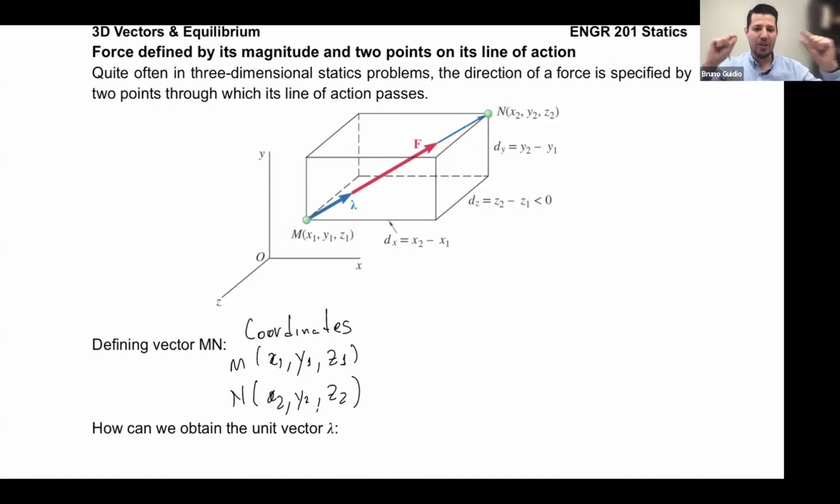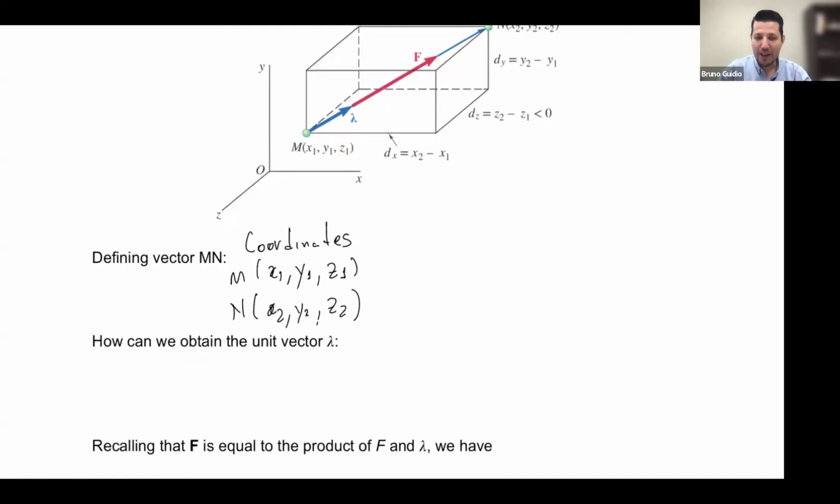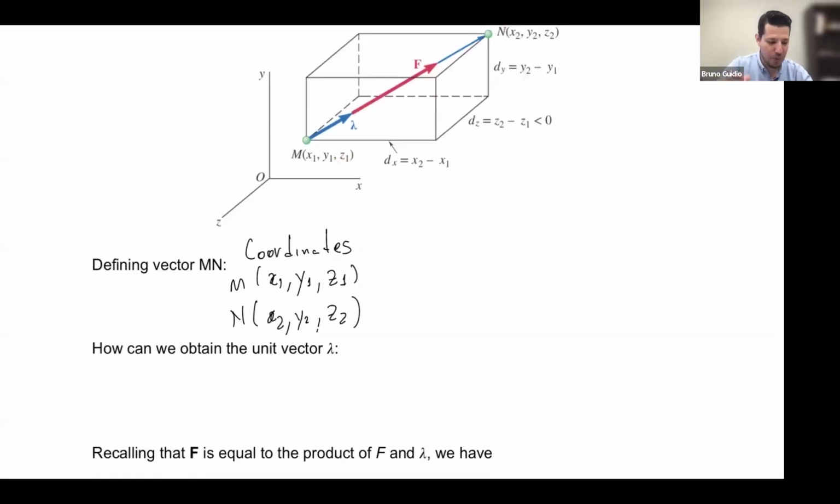And how can I find it using 2 points? I can find the unit vector by doing the following. I have 2 points. Let me already give you the equation. Lambda is defined as the vector MN divided by the magnitude of MN.